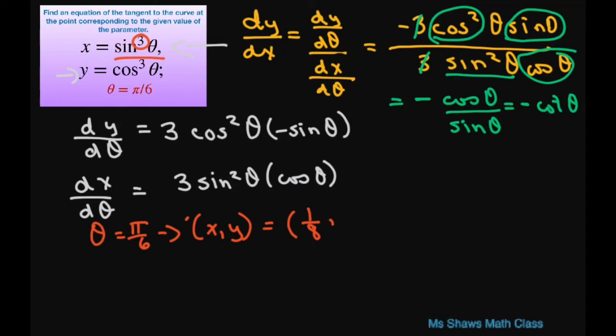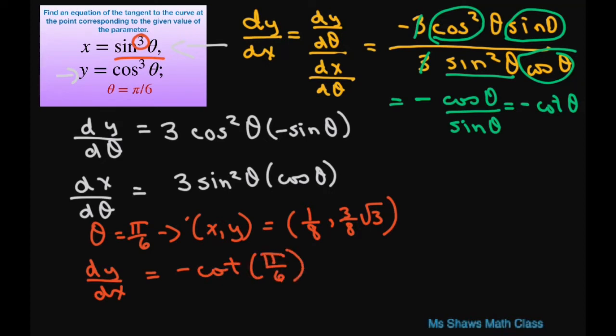And then our y is going to be 3 divided by 8 square root of 3. And that's just substituting in pi divided by 6. And then our derivative of y with respect to x just equals negative cotangent of pi divided by 6, which is negative square root of 3.